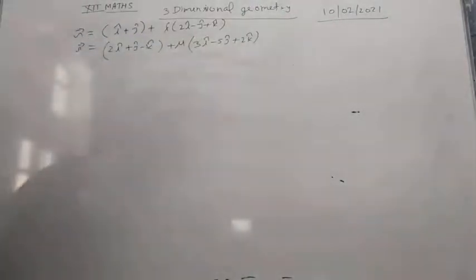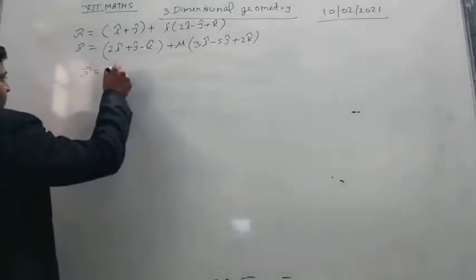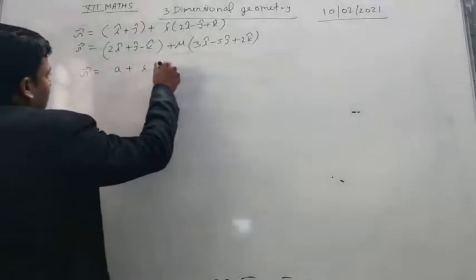Okay, students, so two lines are given to us and we have to find the shortest distance between the two vector equations. Okay, students, so we compare these two equations with r is equal to a plus lambda b.